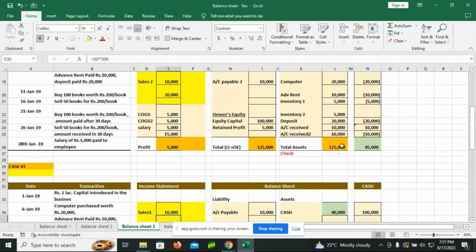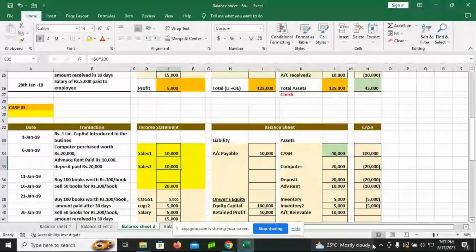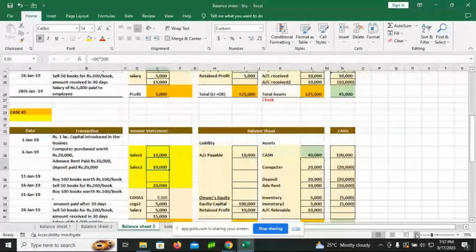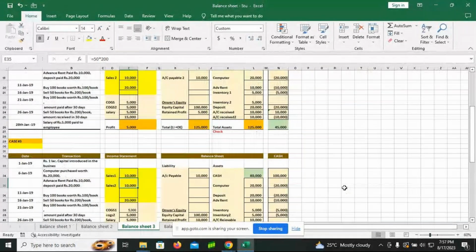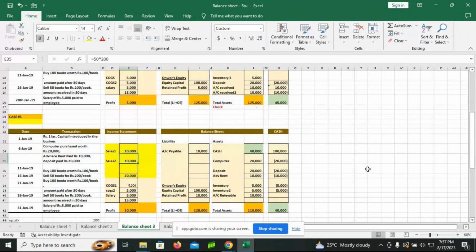The same sum, right? Yes, right. It seems to be the same.